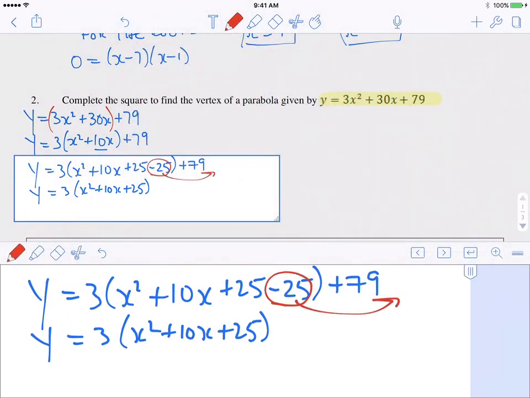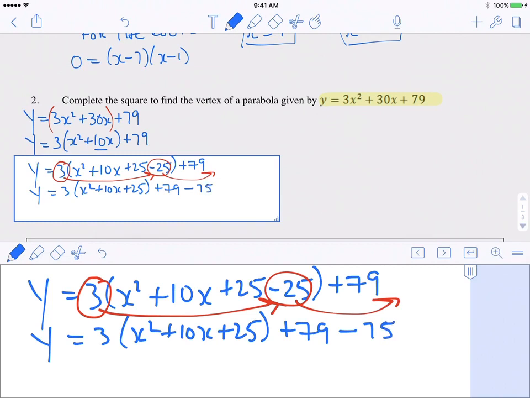We want to boot it out, but before we do so, we have to remember that everything in the brackets is being multiplied by 3. So first, we multiply 3 times negative 25, and then we can boot it out. So we're left with our positive 79, and then subtract 75.